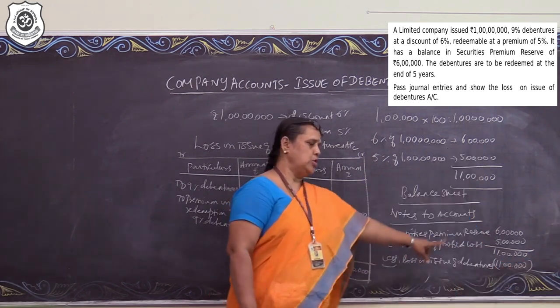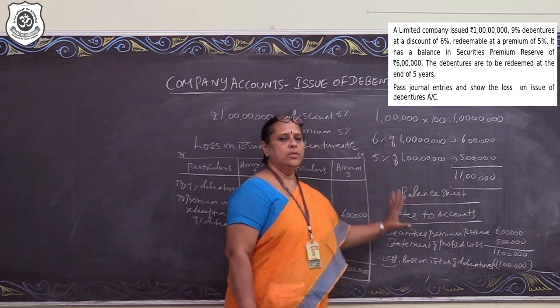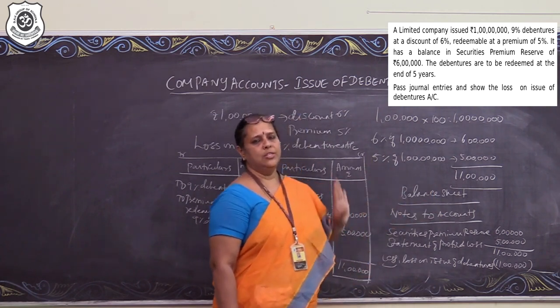So, less loss on issue of debentures, 11 lakh. So, this is how it will be disclosed in the balance sheet of the company.